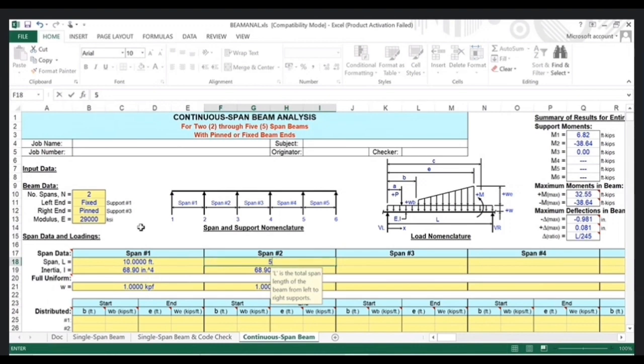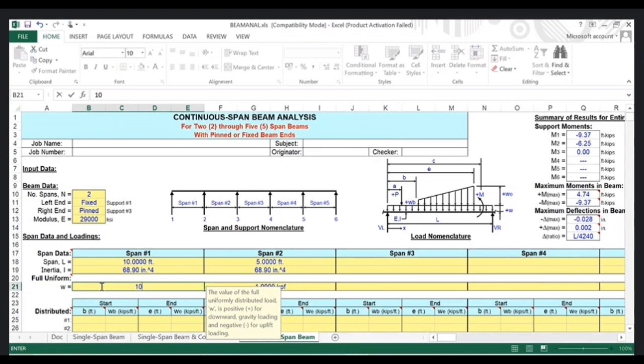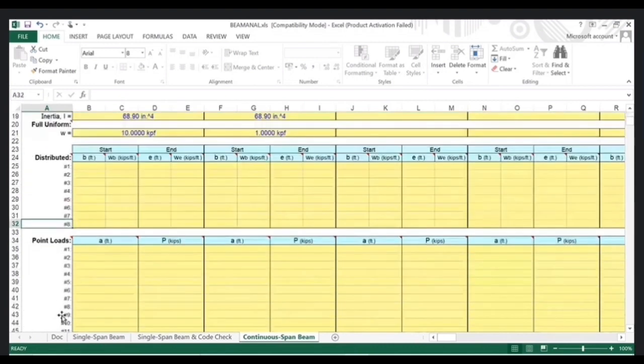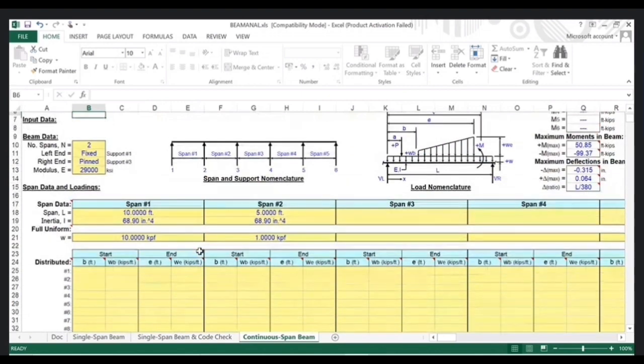And I put the loads. First on the first span, I take 10 kilo-pound per feet of UDL load. And on the second span, I take a point load of 10 kilonewton.